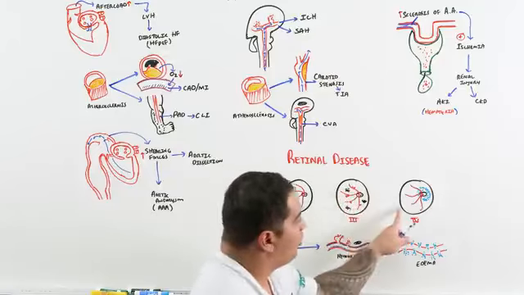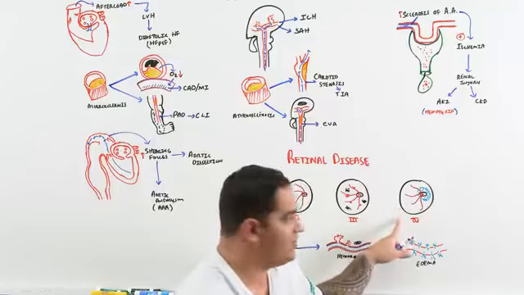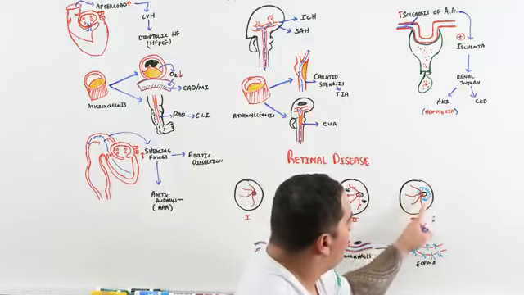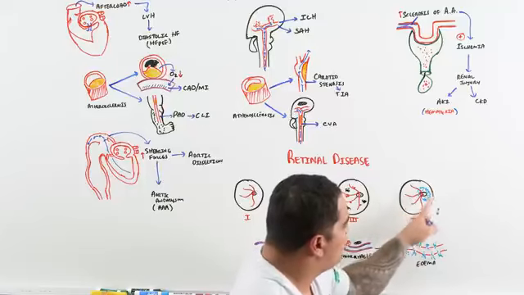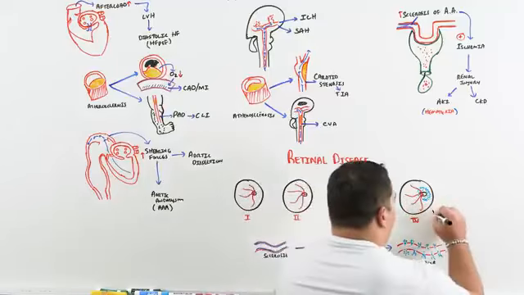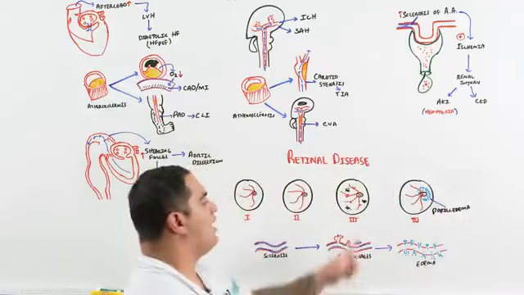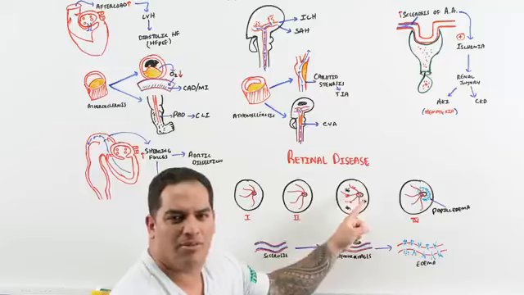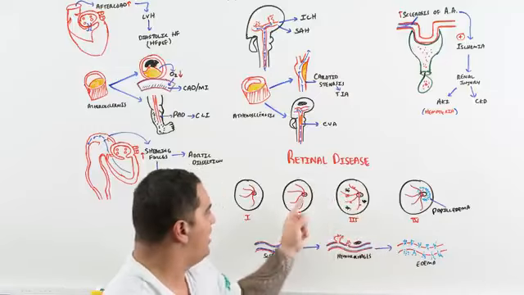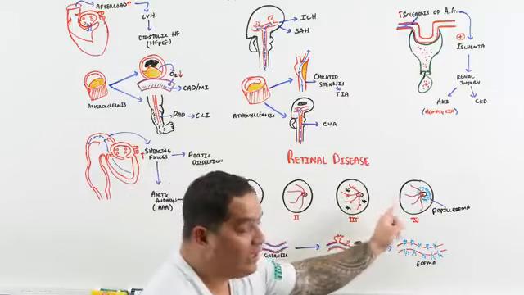Then as we progress to grade 4, which is usually the one that they ask on your exams, especially during hypertensive emergencies, is there blurring of the optic disc? Is there a lot of swelling around that area? And that's characteristic of what's called papilledema. So this is a big finding that you want to watch out for. More in the chronic stages, you may see again these cotton wool spots, these microaneurysms, these hemorrhages, AV nicking. These are some of the things that you might notice in the chronic stages, but acutely, you'll want to watch out for that one.